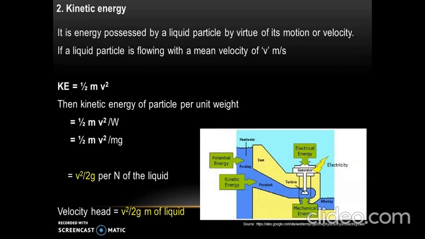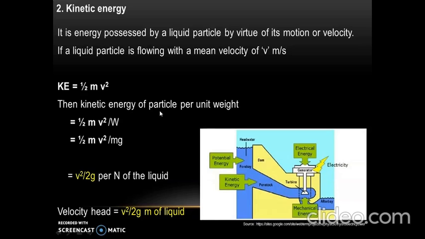Next we will find out what is kinetic energy. It is the energy possessed by a liquid particle by virtue of its motion or velocity. If a liquid particle is flowing with a mean velocity of v meter per second, then kinetic energy is equal to half mv square, where m is the mass and v is the velocity of the liquid particle.